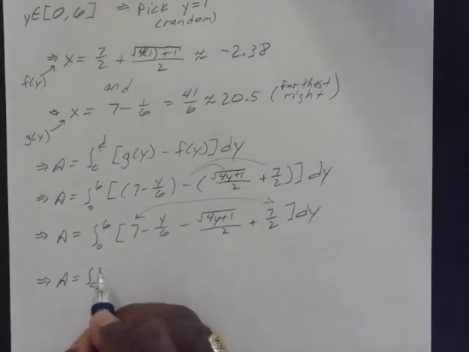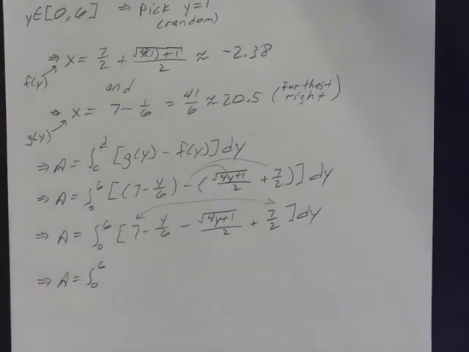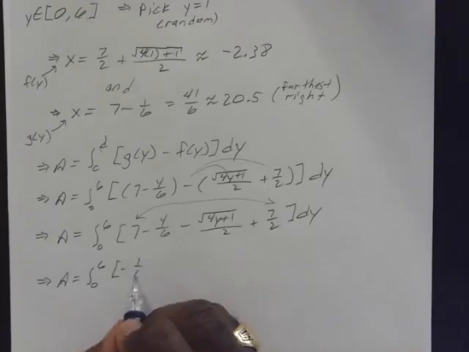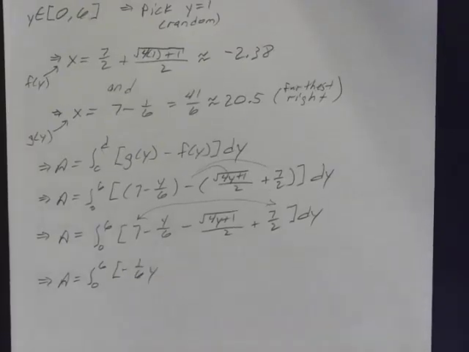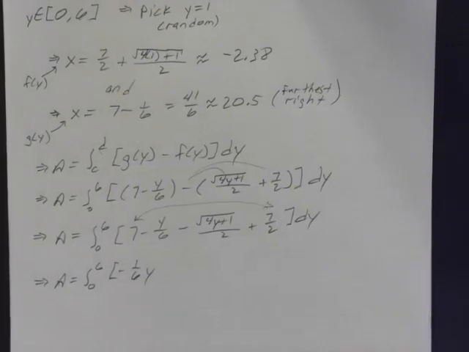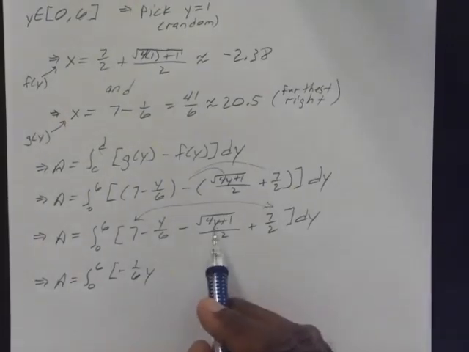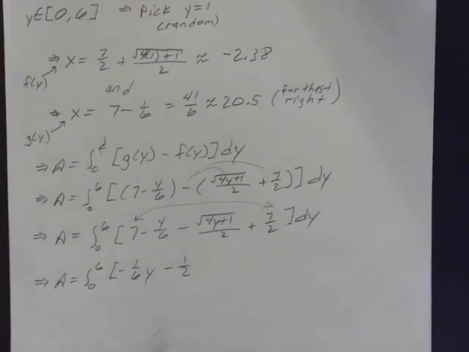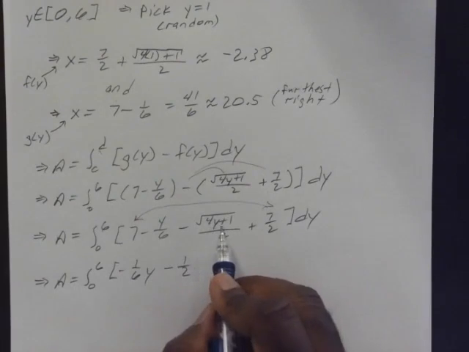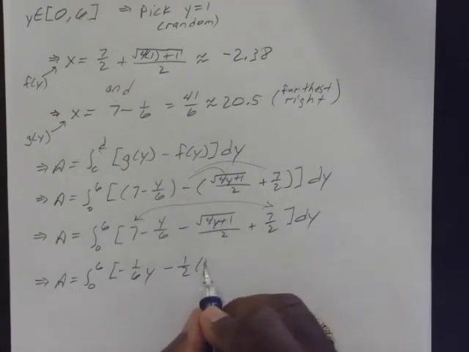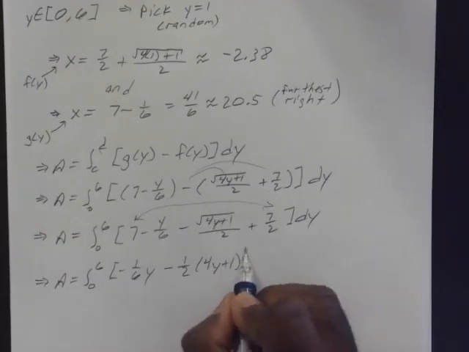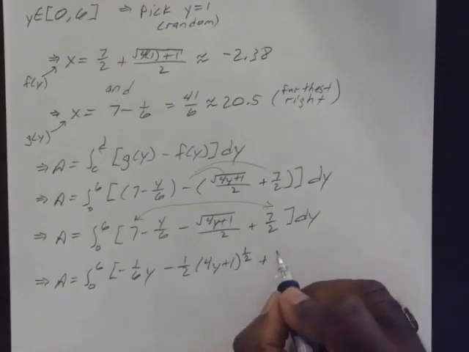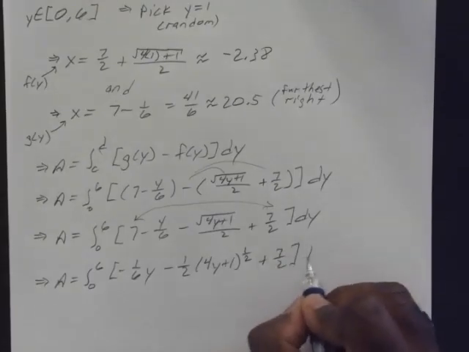The area is equal to the integral from 0 to 6 of negative 1/6 y minus 1/2 times the square root of 4y plus 1. We can just factor out that 2. We could rewrite that as 4y plus 1 to the 1/2 power, plus 7 over 2.